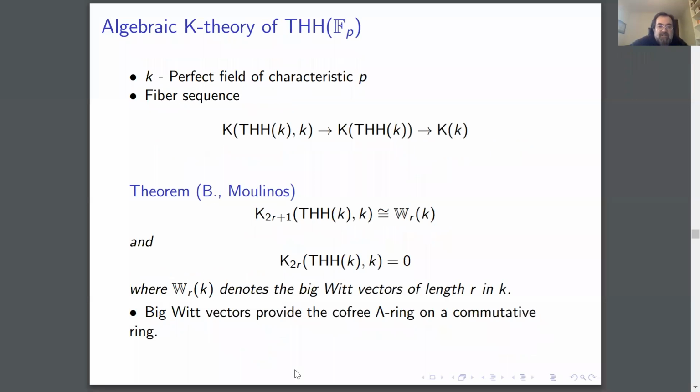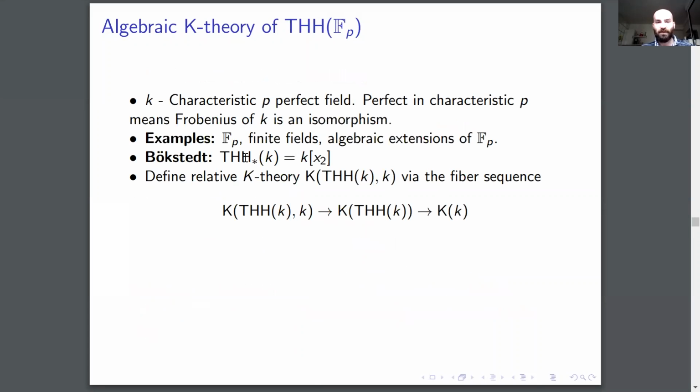If you can tell us, so K a perfect field of characteristic p is necessary, and this doesn't apply to F_p, I assume. So could you say a couple of words about Witt vectors, how they show up, and comment on F_p or things like that? Yeah. So it works for K equals F_p, right? K equals F_p is an example of a perfect field.